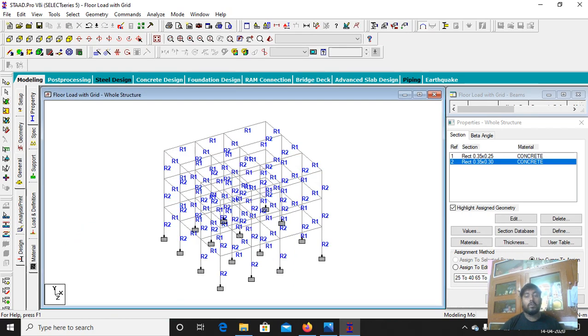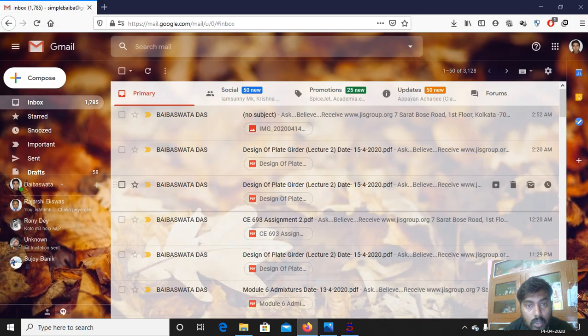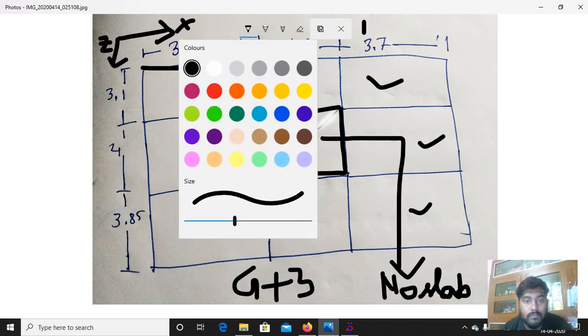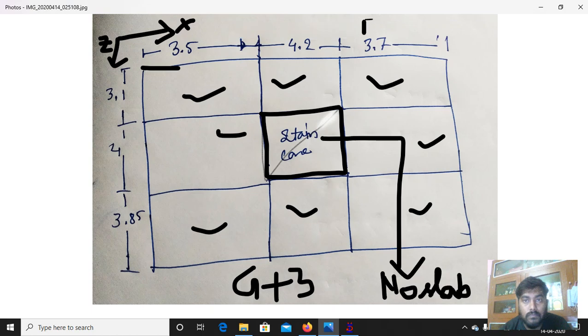Let us move to the load. So load structure. Now let us come to the picture again. So load, consider the floor thickness.